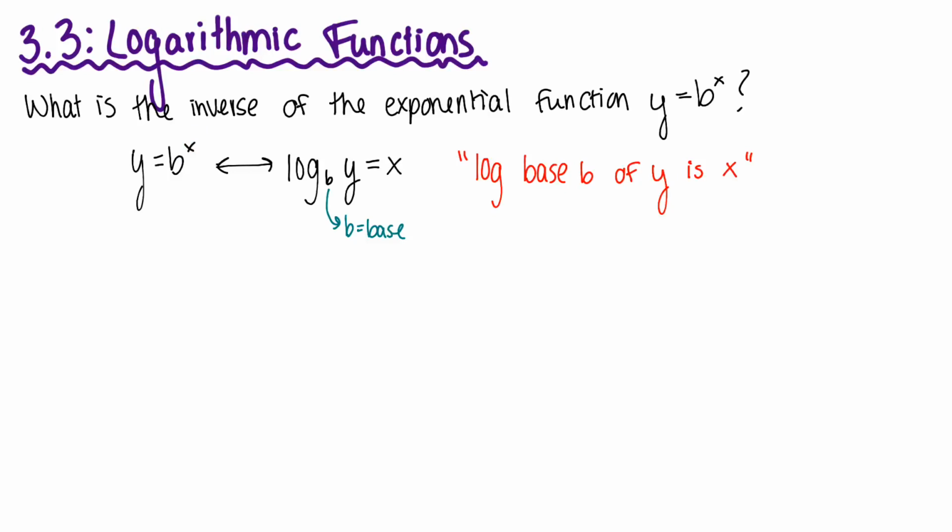So the exponent of an exponential is the output of a logarithm. Logs output exponents. And then the inside of the log, the input to the log, is the answer from the original, so the answer from the exponential expression or equation.